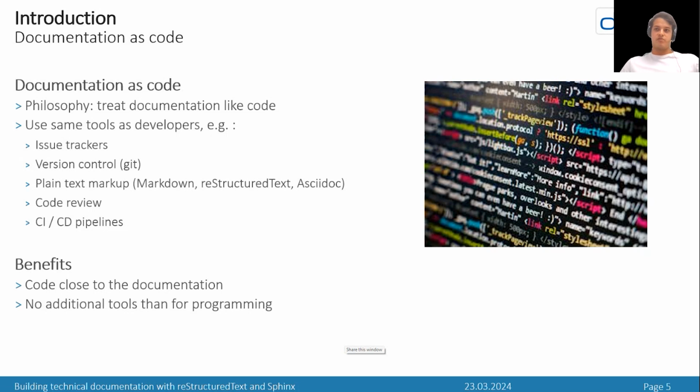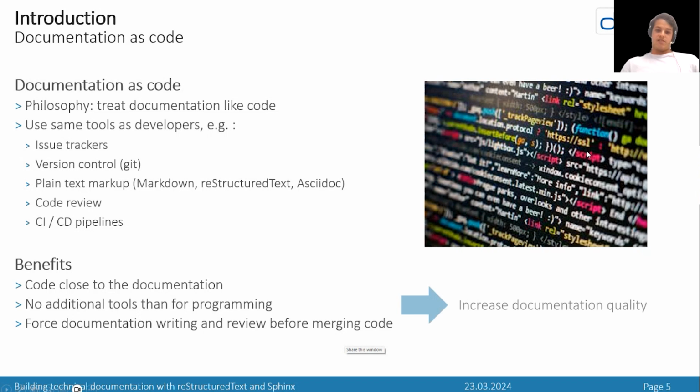It's much faster. And most importantly, it forces us to write documentation before merging code, because whenever I do a merge request, any of my colleagues can say, oh, Ryan, you didn't write the documentation for this piece of code. Please write the reStructuredText file with the proper documentation. In the end, what we get is simply better documentation quality.